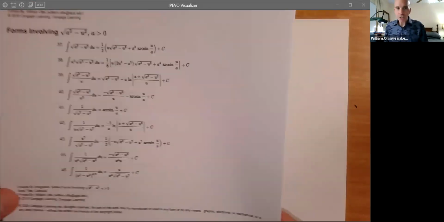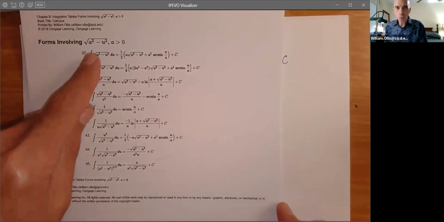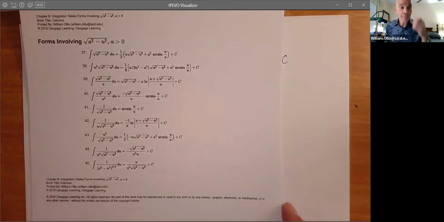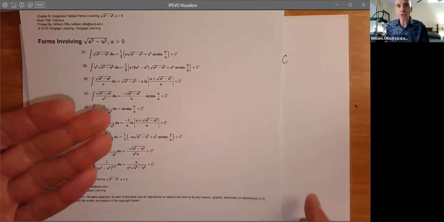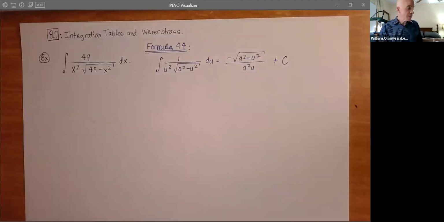As you look into your appendix, you will see certain forms, neatly written, and you can print them, or you can just keep them in your ebook for reference. This is what we call a mini integral table. We use patterns to recognize the type of integrand, and then we use the formula to finish, just like I've done before with other examples in class.